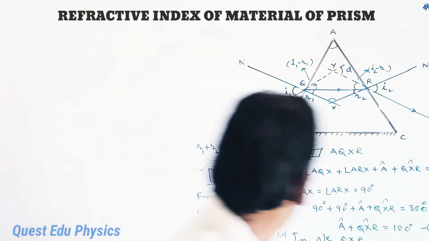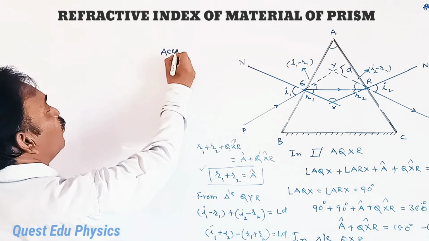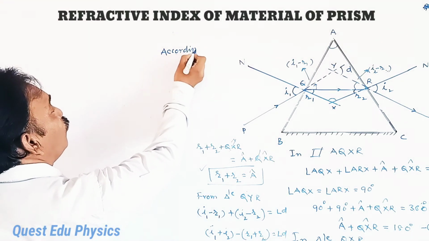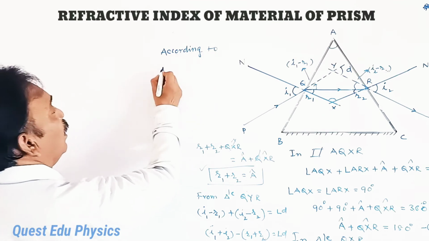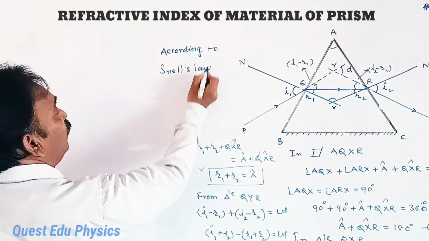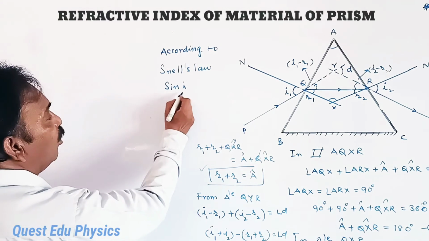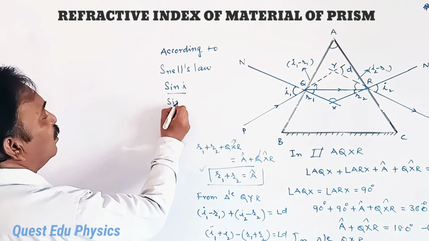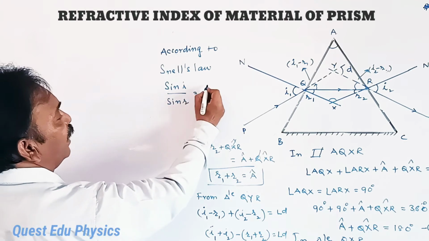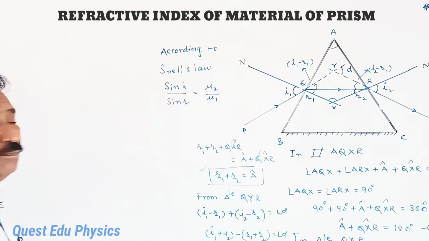According to Snell's law, sine I upon sine R is the relative refractive index, mu2 by mu1.